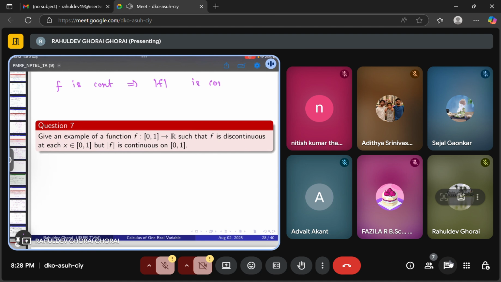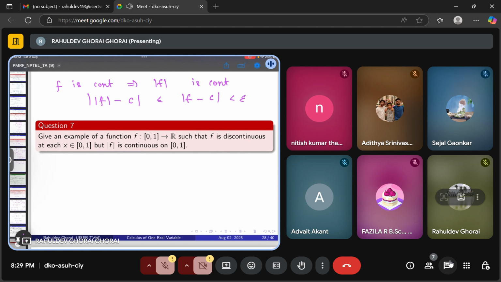It's a very easy proof, because if you start with mod of mod f(x) minus mod f(c), that will be less than or equal to mod f(x) minus f(c). And you know, whenever x minus c is less than delta, this is less than epsilon, so this one also will be less than epsilon. So f is continuous implies modulus f is continuous. But the converse is not true, and it is written here.